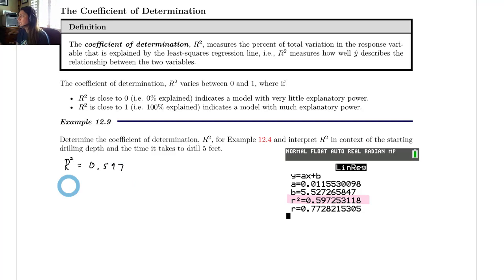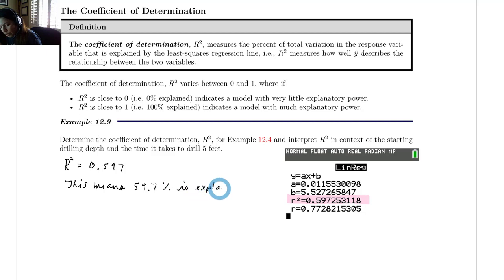So then I would say, this means 59.7% is explained by the starting drill depth.